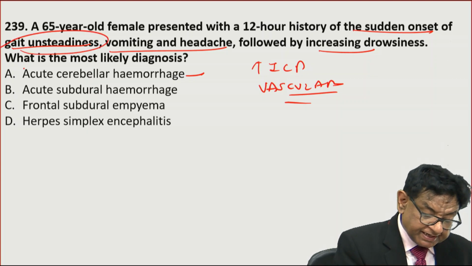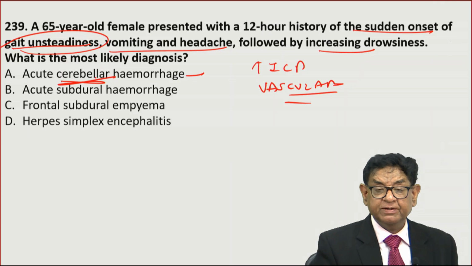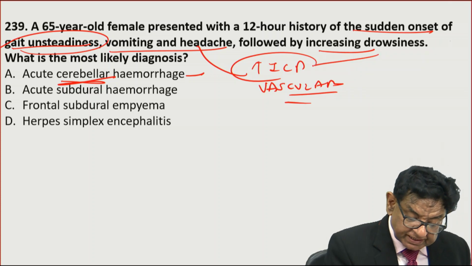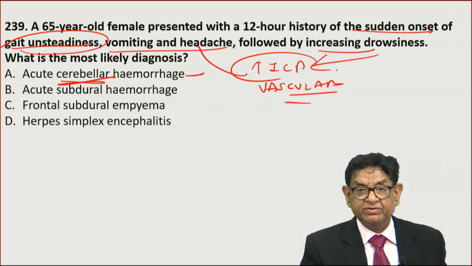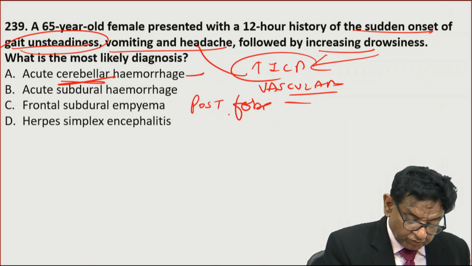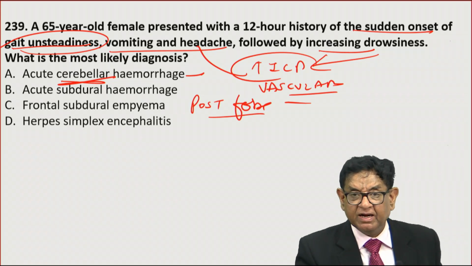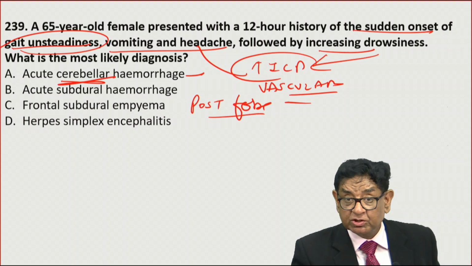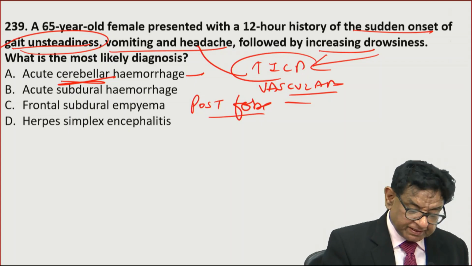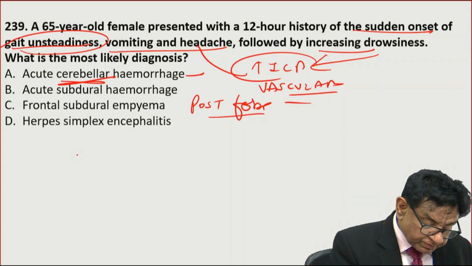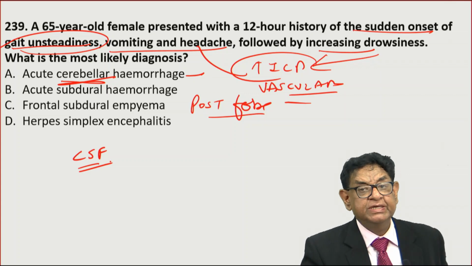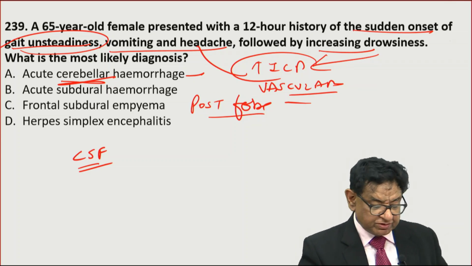Unsteady gait is seen only in cerebellar disorder. Vomiting and headache are due to raised ICP, and increased drowsiness, again raised ICP. Raised ICP occurs very quickly in posterior fossa lesions. Why? The brain is a very closely packed chamber, and the posterior fossa is a very small chamber, so raised ICP occurs because of bleeding. There is even compression on the CSF flow system, so there is blockage to CSF flow also, and that leads to a sudden increase in ICP. What is to be done in this case?